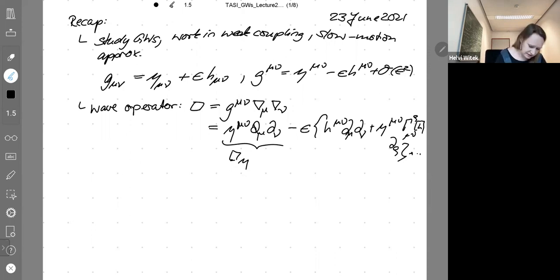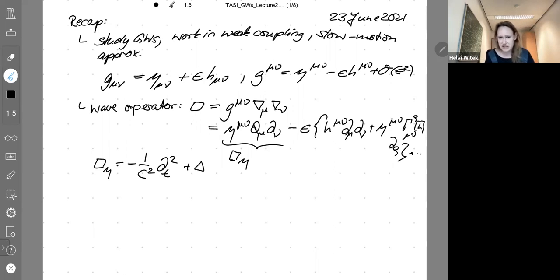Also, one more thing related to the wave operator. If I write out our wave operator in derivatives, we would have minus 1 over c squared times the second time derivative plus the Laplacian.